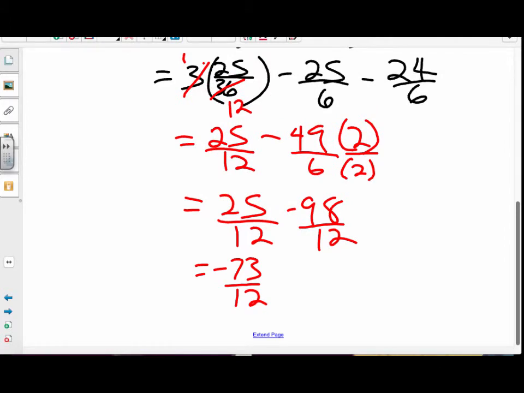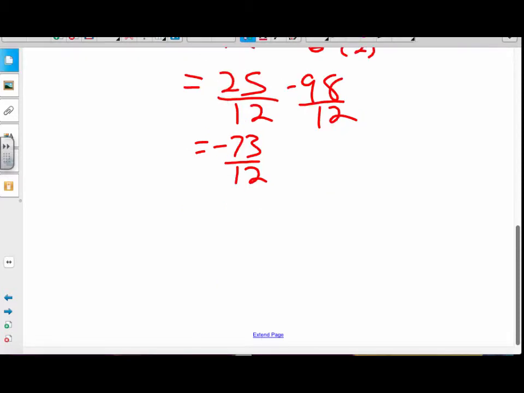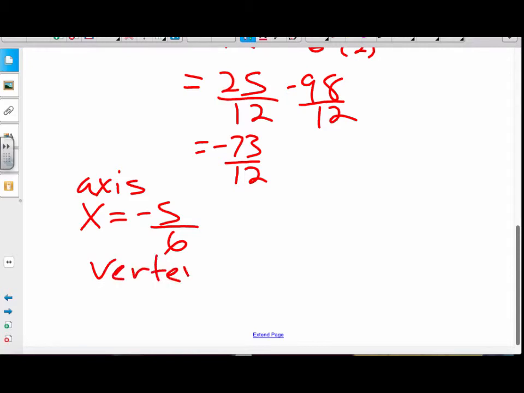So first let's answer the question. We got a really crazy fraction. But we were asked to find the axis of symmetry, and we said the axis of symmetry occurs where? When x will equal negative 5/6. Negative 5 over 6. And then that means that the vertex is what?